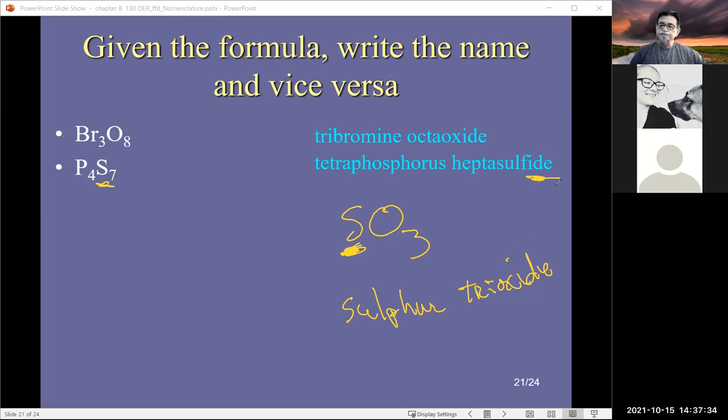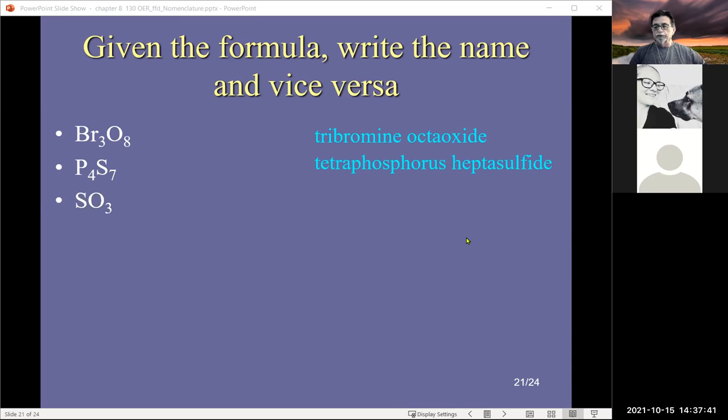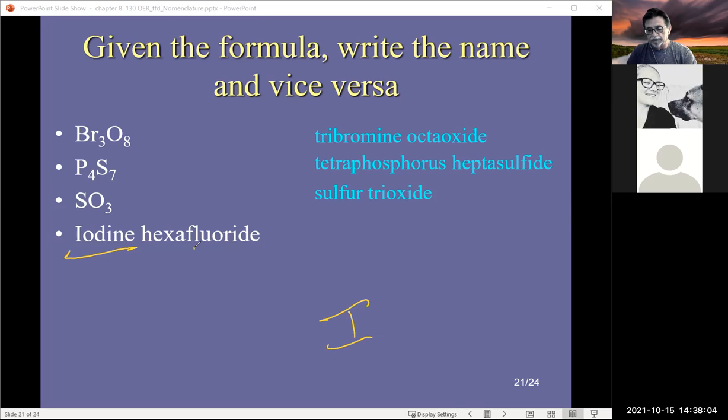Okay. All right, one more. Here we go. Sulfur, and then 3 oxides, trioxide. So note the difference there, how sulfide is used and how sulfur is used, depending on whether it is a central atom. Now you're given the name and you want to know the formula, right? So we got iodine, which you know is I, and then we got fluoride, which you know is F. Now you come back and do the prefixes.